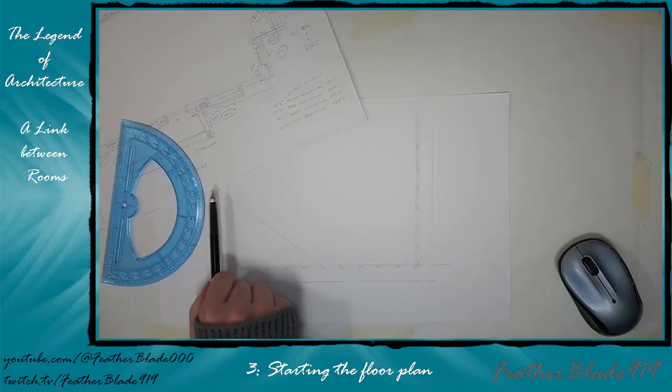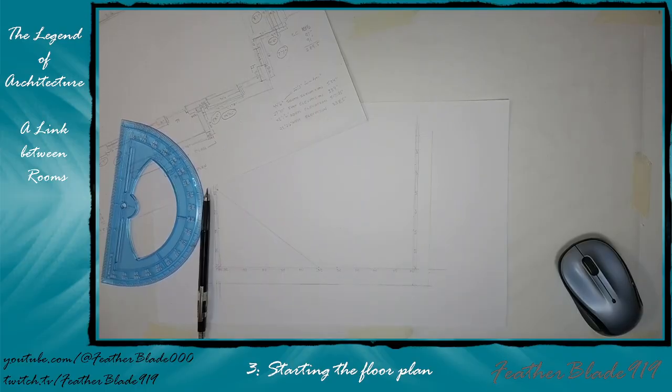If space permits, you could measure a larger or smaller distance with the same triangle by multiplying each side by the same factor.